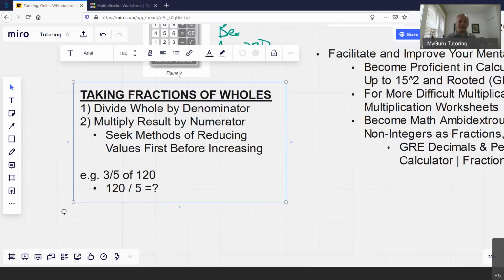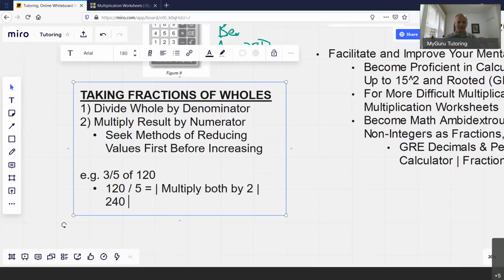24. It is 24. And the same way as we just did with the chunking before, you can possibly say that you can multiply both by 2, because 240 divided by 10 is going to be equal to 120 divided by 5, which is equal to 24.